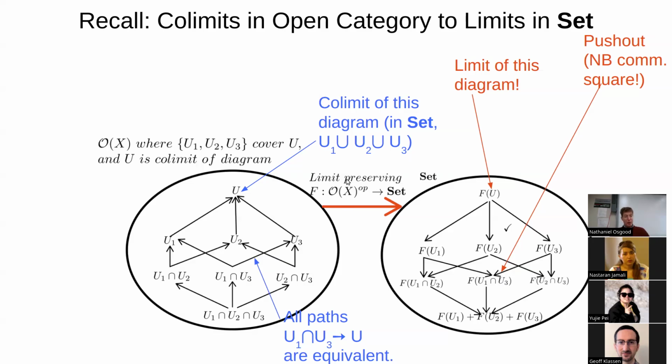What are limits in this category up? What's a limit in O of X up? It's still U, because it's up. So a limit in O of X up is a co-limit in O of X. So U is a limit in O of X up, okay?